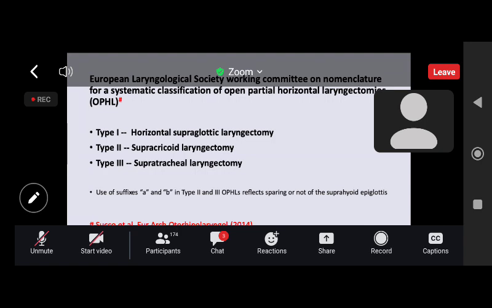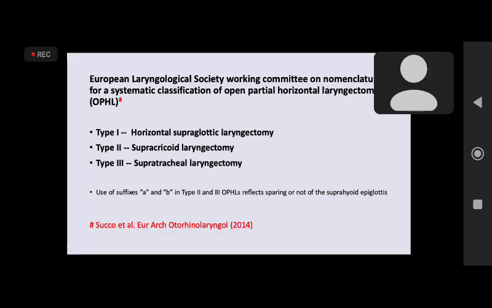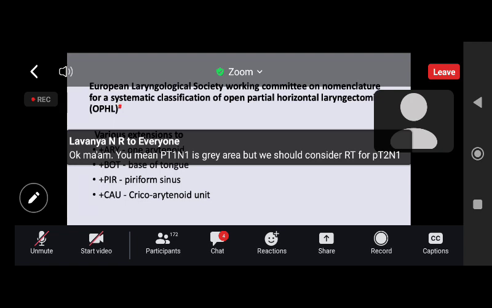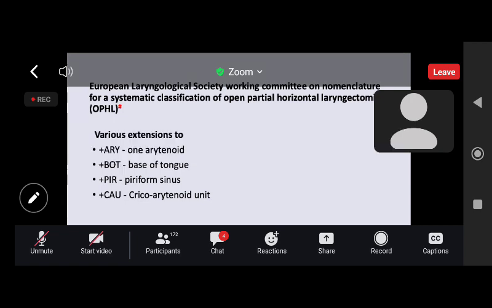That is horizontal supracricoid and supratracheal laryngectomy. And we also put the suffix A and B depending upon whether we preserve the suprahyoid epiglottis or remove it. There are various extensions, whether we remove one partial arytenoid or complete, or remove part of the base of tongue or piriform sinus.